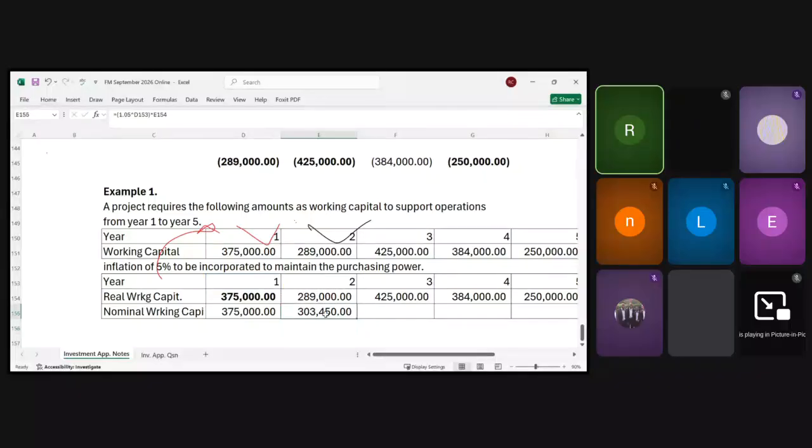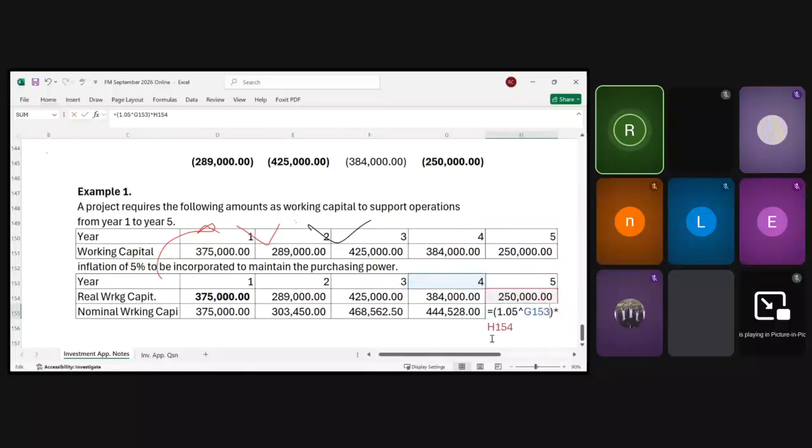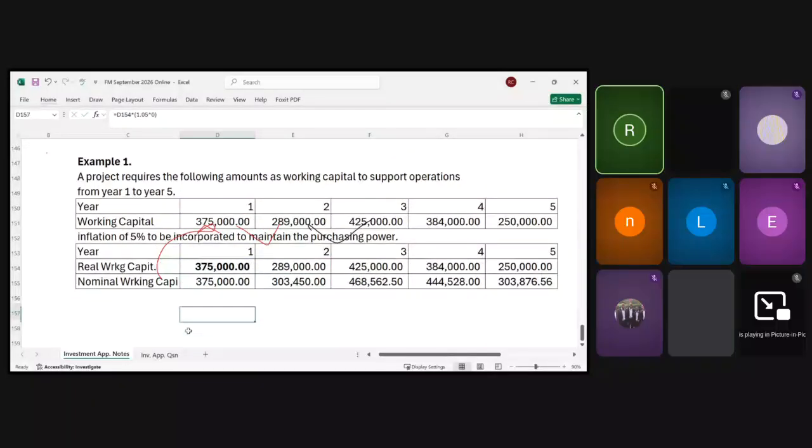So you drag, and this is what you then do. Even if I'm in year 5, inflation is for year 4. Year 4, inflation for year 3. Year 3, inflation for year 2. Year 2, inflation is for year 1. Year 1, inflation is for year 0. If I'm done doing this, I can safely do my movement now. Movement from year 0.